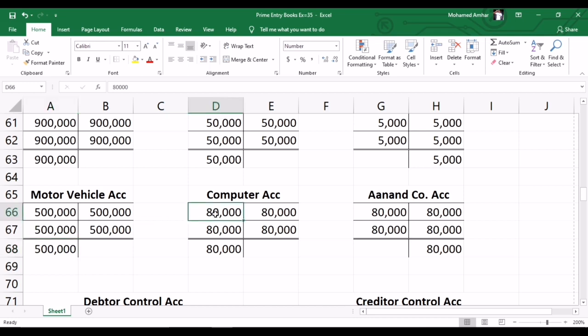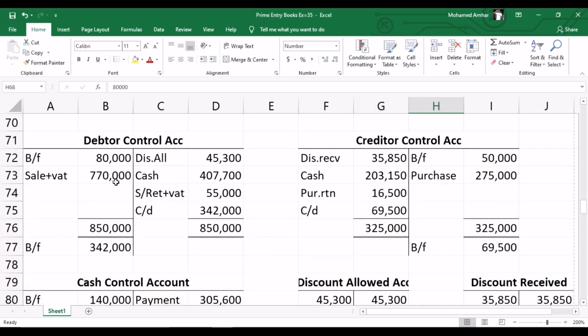Computer 80,000 total, carried down and brought forward. Anand account, payable to Anand, 80,000 total and total, carried down and brought forward. Same as debtor, 80 plus 770 is total 850. So carried down is 342.